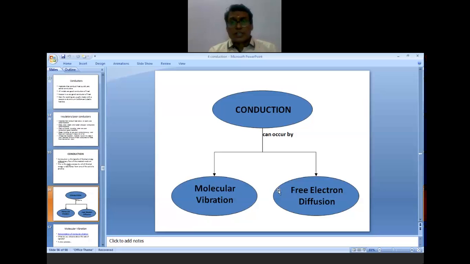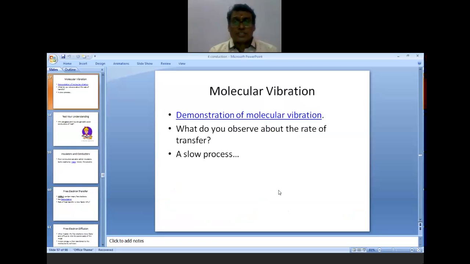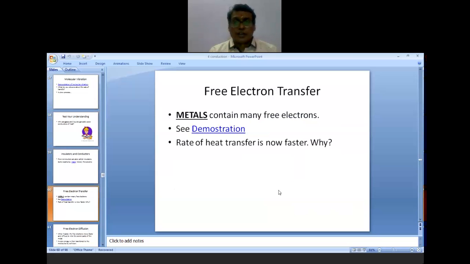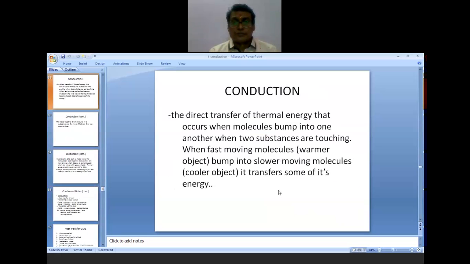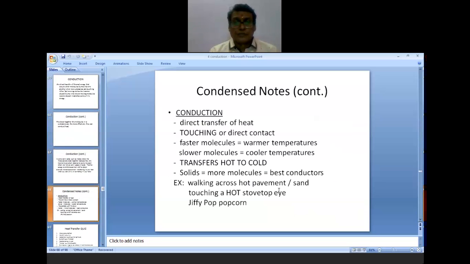So in conduction, molecular vibration and free electron diffusion, both are important. It is a direct transfer of heat.